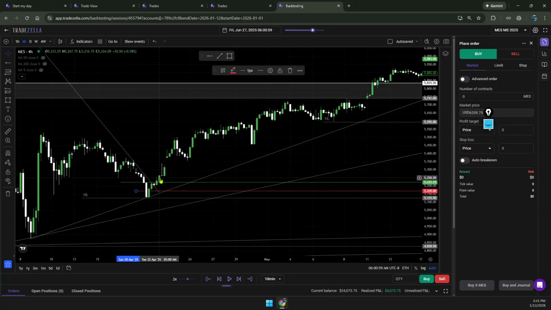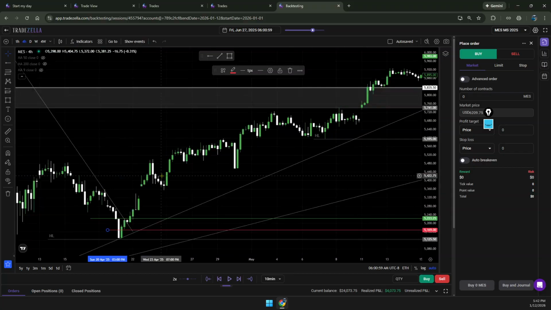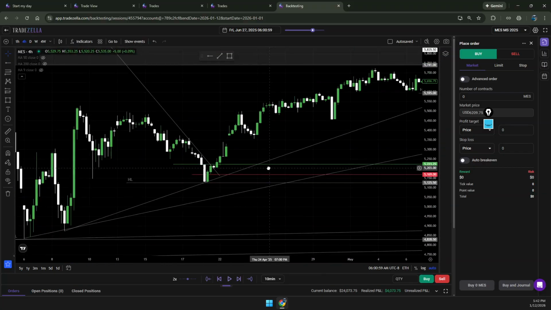Now I'm in here, and I've got my 3 candles. I'm looking at this guy right here, this white candle right here. Let's blow that up a little more. I'm looking at this white candle. I want a candle that the body is going to close above this.